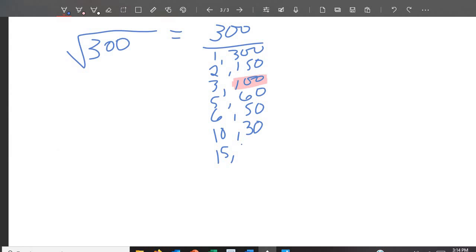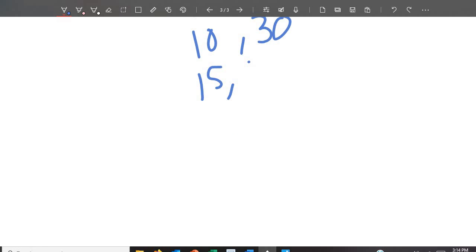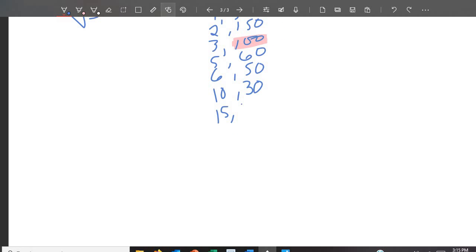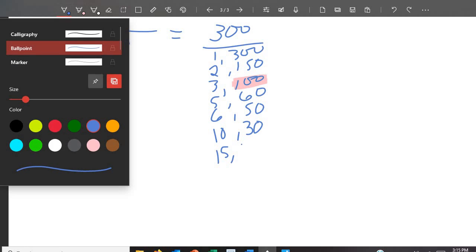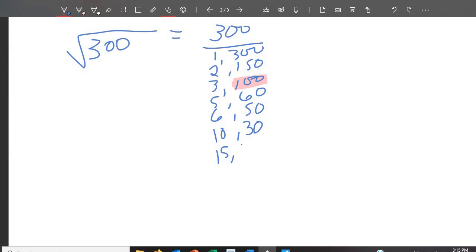But you just keep going. The biggest one is going to be on the right side if you do it like I'm doing it. 15 doesn't go in there. Let's see, 26.